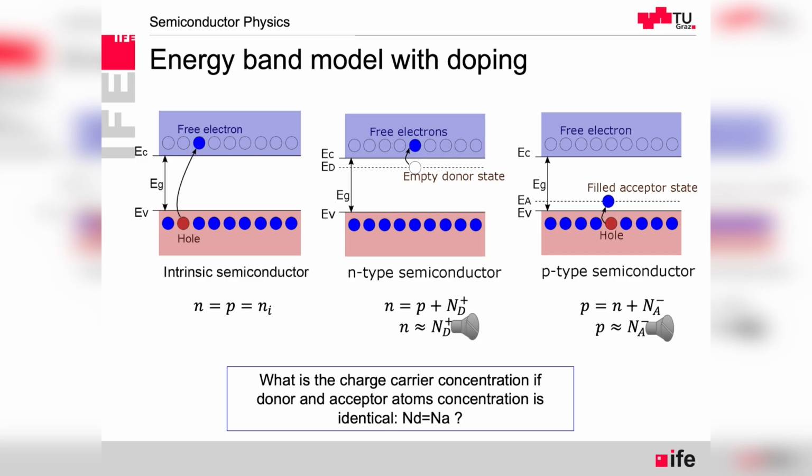And what else happens in the energy band model? You can see that in addition to the conduction band, the bottom of the conduction band, and the valence energy, which is the top of the valence band, we have two energy levels: the donor level energy in the n-type semiconductor and the acceptor level in the p-type semiconductor.